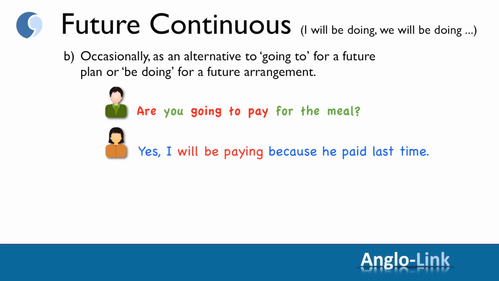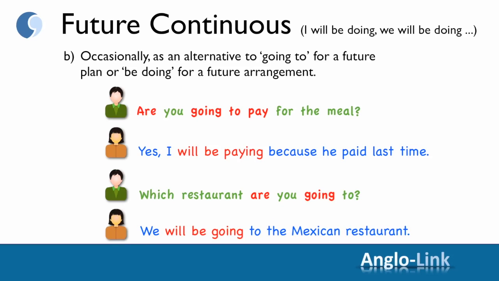In this example, the future continuous tense will be paying has replaced the going to pay. "Which restaurant are you going to?" "We will be going to the Mexican restaurant." In this example, the future continuous will be going has replaced the present continuous for a future arrangement, are going.